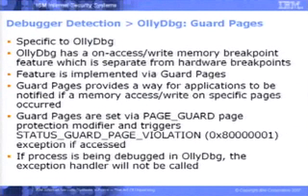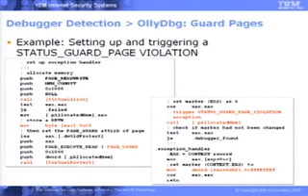But if the process is being debugged in OllyDbg, OllyDbg will just treat it as a memory breakpoint, and the exception status guard page violation will not be passed to the exception handler. This is an example code.